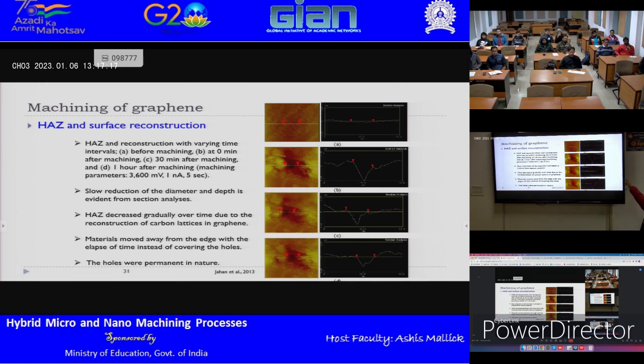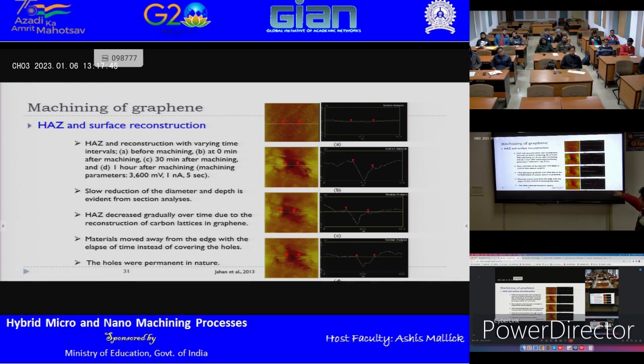So what happened from picture 1 to 3 shows what happens after some time. The first picture is without machining, the second picture is at 0 minutes, immediately after machining, the third picture, C, is 30 minutes after machining, and number 4 is 1 hour after machining. So what we can see is that the depth is slightly reducing, right?